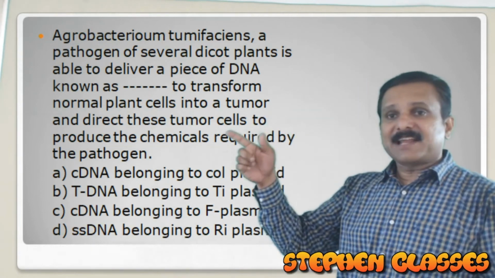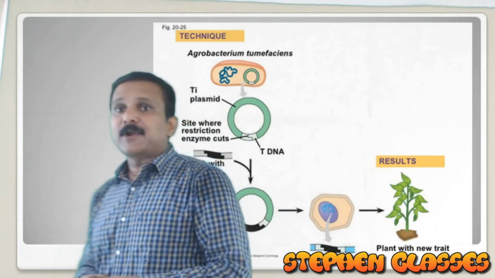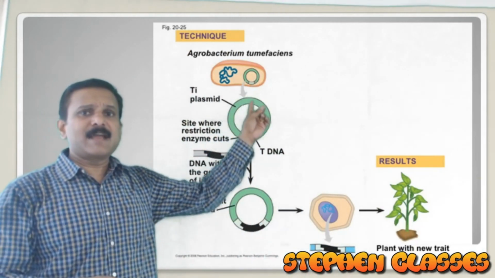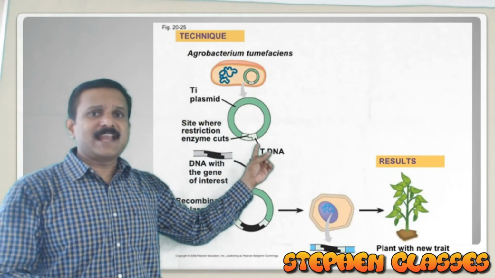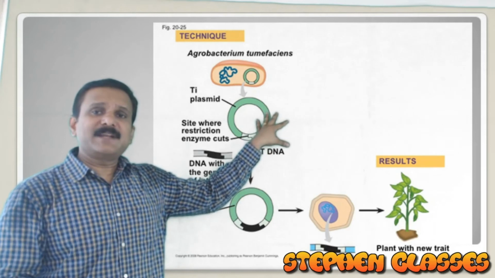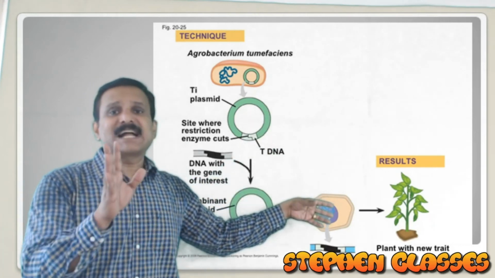We have the diagram for you. So in the next slide, we have the diagram of Agrobacterium tumefaciens. You can see it is having the Ti plasmid with T-DNA over here. Okay. So normally this Ti plasmid will be inserted into the plant cell and the plant cell is getting transformed.